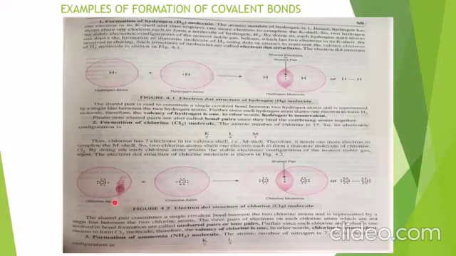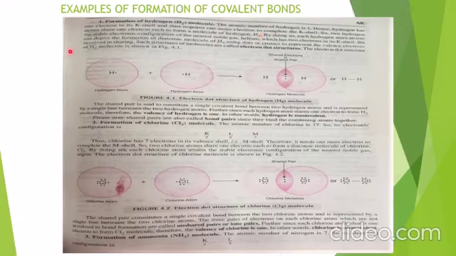Okay. Now, examples of formation of covalent bond. First of all, formation of the hydrogen molecule. The atomic number of hydrogen is 1. Hence, hydrogen has 1 electron in the K shell and thus requires 1 more electron to complete the K shell.